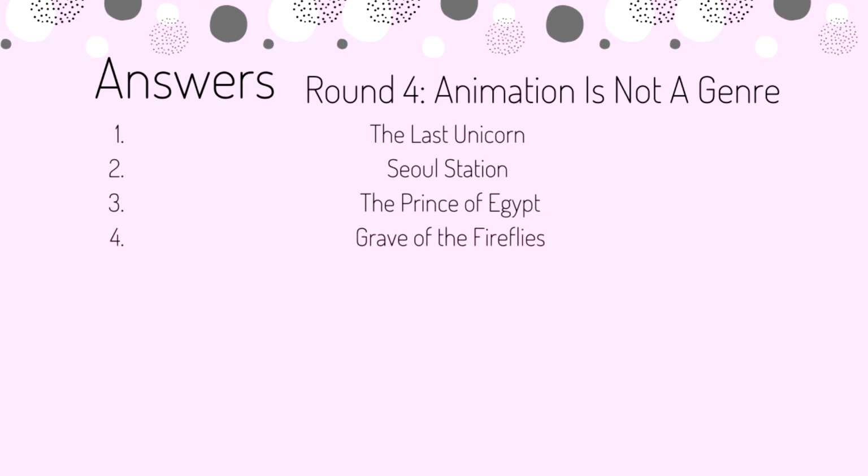Number 4, siblings surviving the final months of the Second World War. If it doesn't make you cry, you don't have a soul. It's Grave of the Fireflies. Number 5, that anthropomorphic chameleon voiced by Johnny Depp was Rango. Number 6, the remade live-action flop from one of the greatest animated movies of all time was Ghost in the Shell.